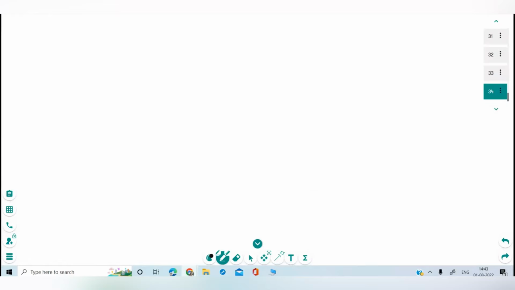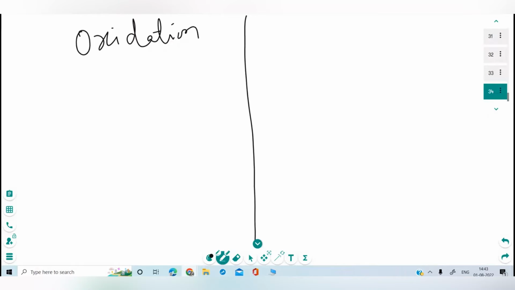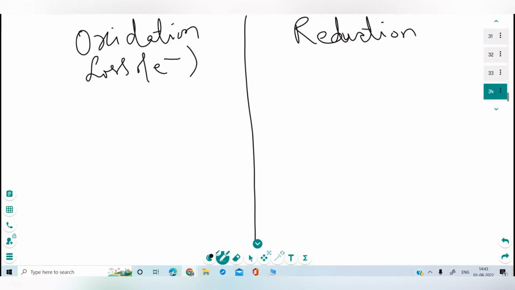So let us understand this in detail. I will write here oxidation, and here I will write reduction. Oxidation is loss of electrons.